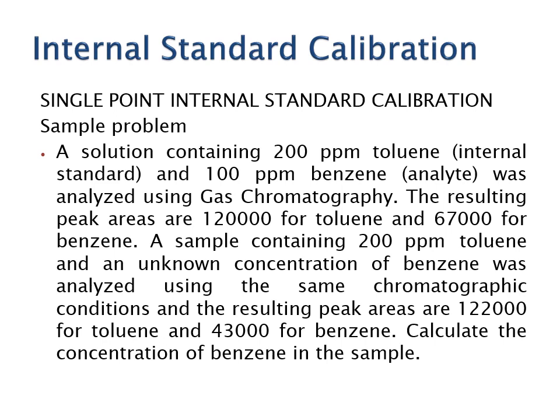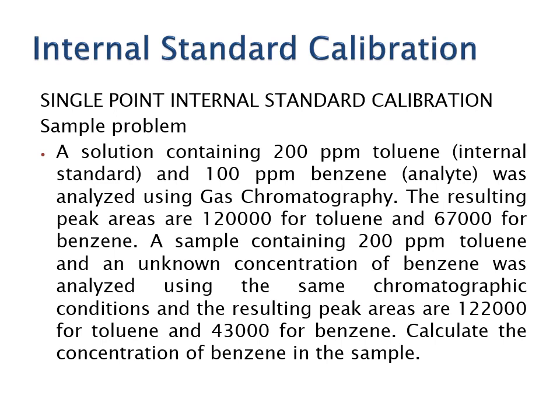Okay, then let's answer together this sample problem. A solution containing 200 ppm toluene, an internal standard, and 100 ppm benzene, an analyte, was analyzed using gas chromatography. The resulting peak areas are 120,000 for toluene and 67,000 for benzene.